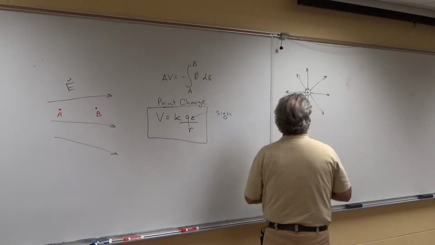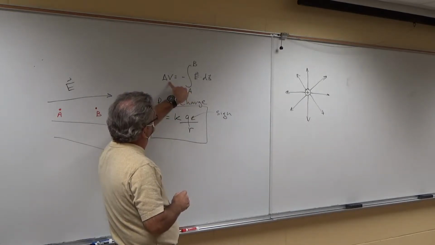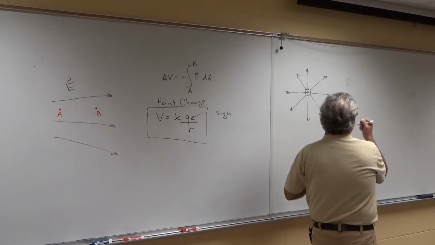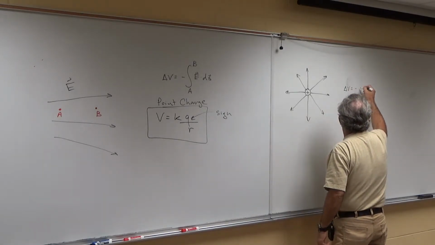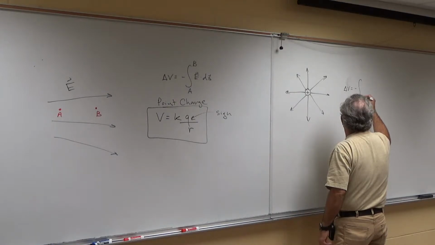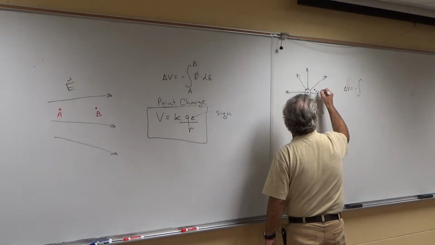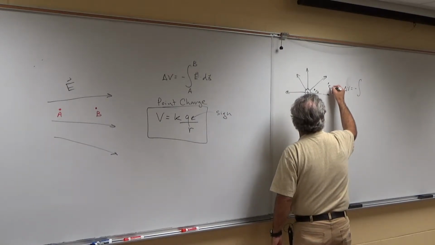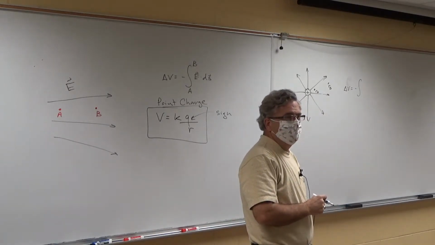Okay. If we want to look at the change in potential, let's go back to this. Delta V is equal to the negative of the integral from, let's say I'm here at r sub A, that's one radius, and I move out here to r sub B. That's a different radius. You with me?